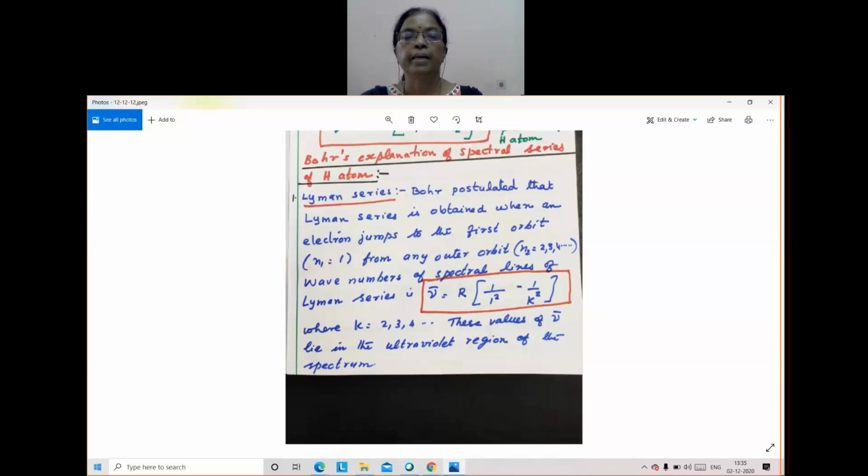Ismail, tell the formula for Balmer series. Nu bar equal to R into what will come? R into. Electrons are jumping from higher energy level to which level? Nowadays Ismail is not at all answering anything.